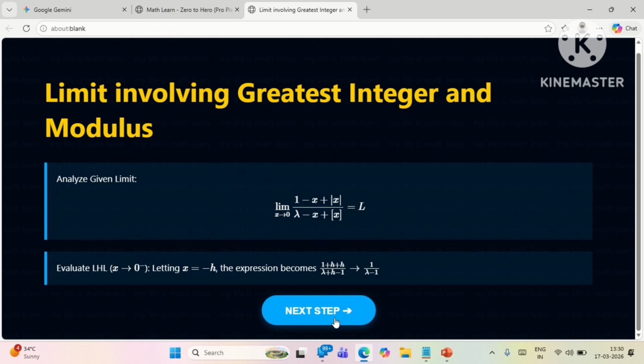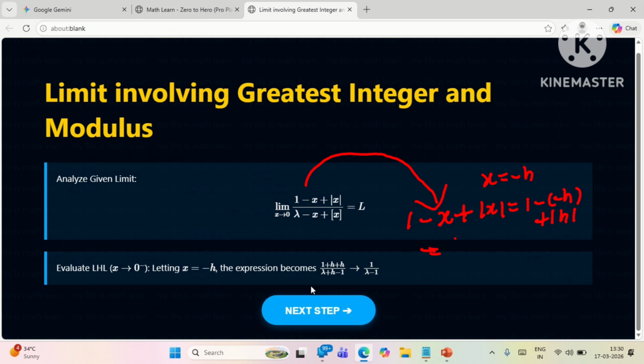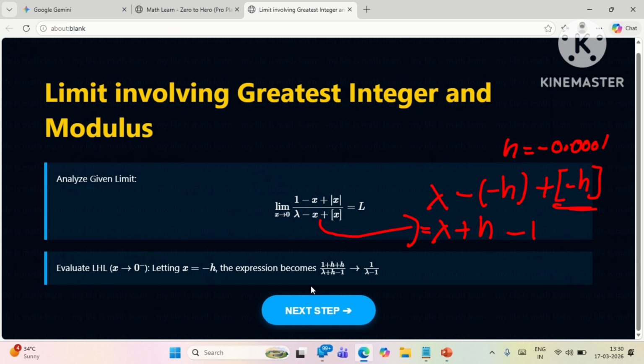So I will evaluate the LHL, x tends to 0 minus, letting x equal to minus h. The expression becomes 1 minus of minus h, that is plus h, plus mod of minus h, which is plus h, by lambda minus of minus h, plus step of minus h.